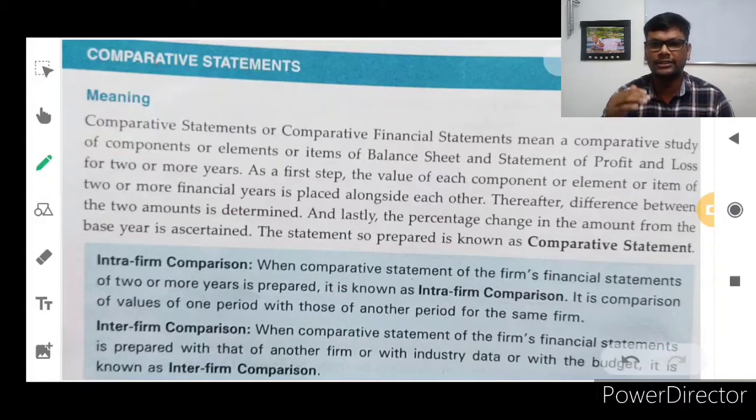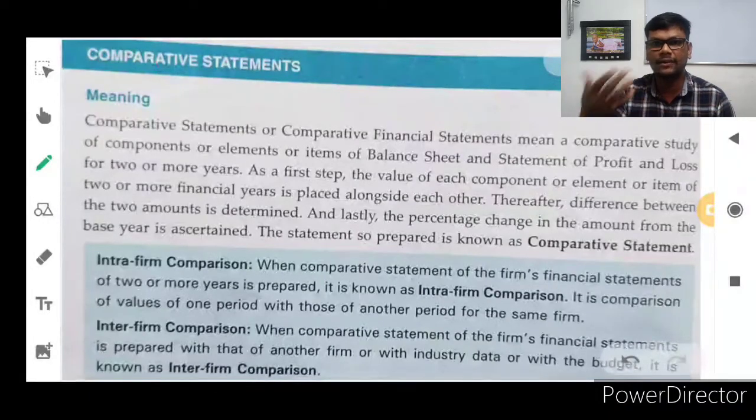You might have come across inter-school competitions that schools conduct every year. Our school students compete with other school students, that is inter-school competition. So inter-firm comparison means A to B, where one firm is compared with another firm.